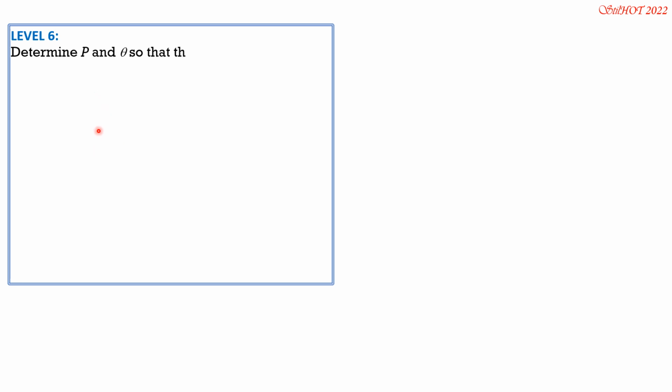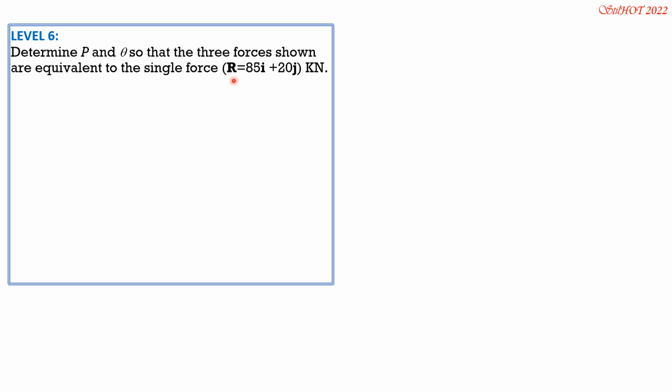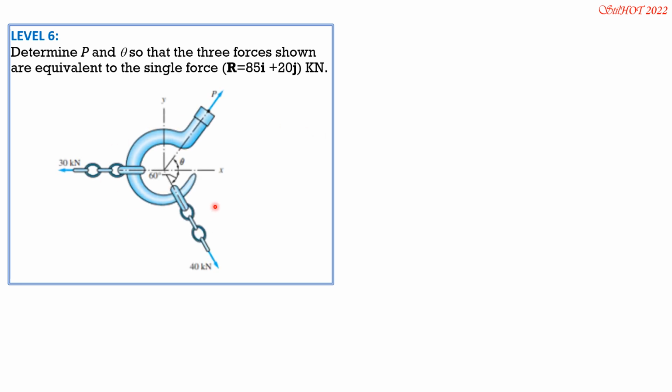Level 6, determine P and theta so that the 3 forces shown are equivalent to the single force R, 85i plus 20j kilonewtons. So this is the resultant, x component 85, y component 20 kilonewtons. This is the figure. So from the figure, the x component of P is P cosine theta, positive.